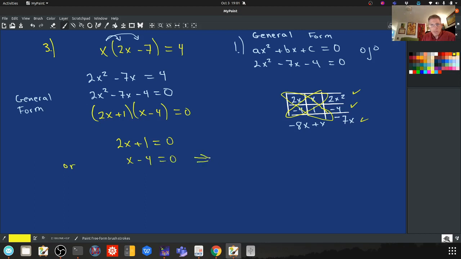This bottom is extremely simple to solve. That implies x is equal to 4. And this implies 2x is equal to minus 1, which implies x is equal to minus 1/2. So our solution set here is minus 1/2 and 4.